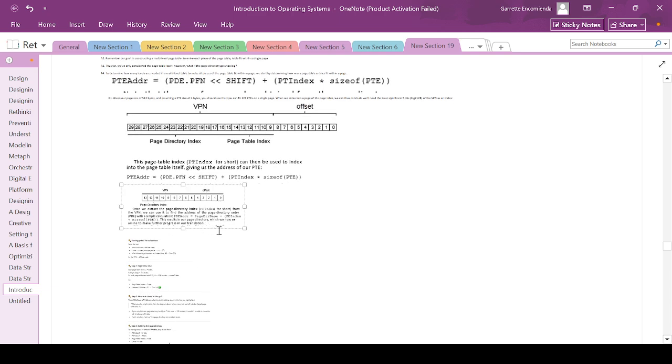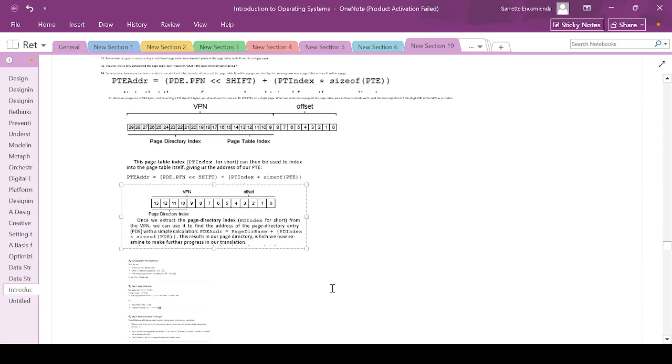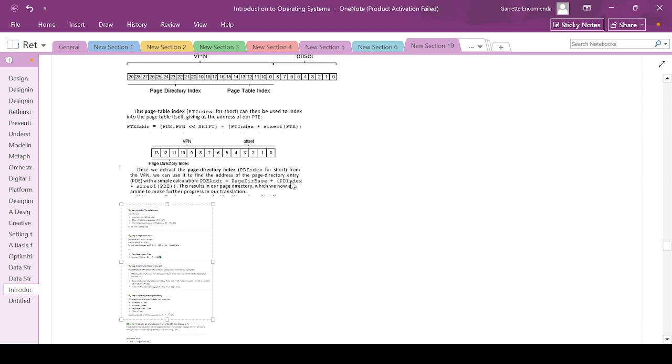Once we extract the page directory index, or PDI for short, from the VPN, we can use it to find the address of the page directory entry.